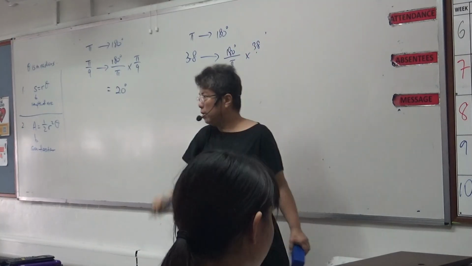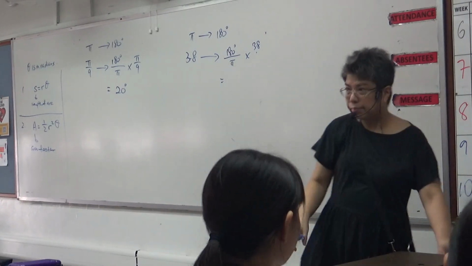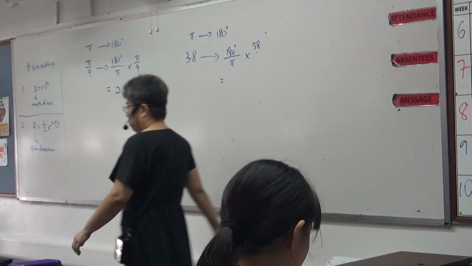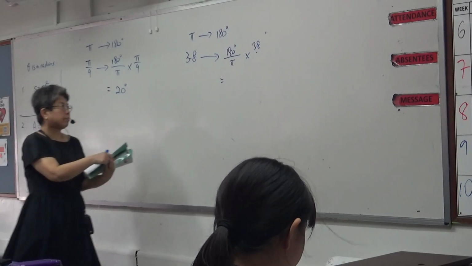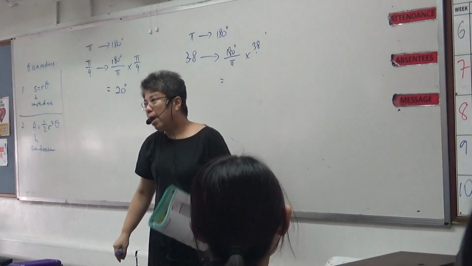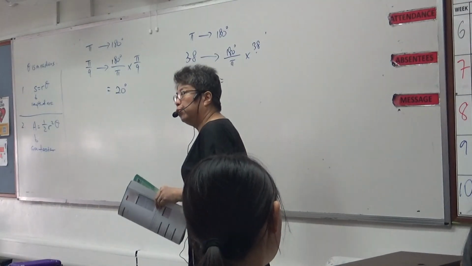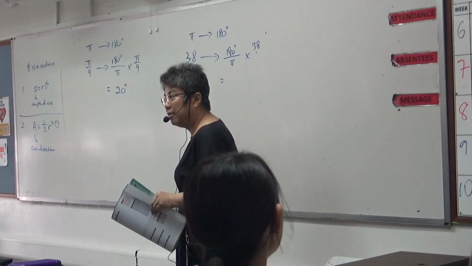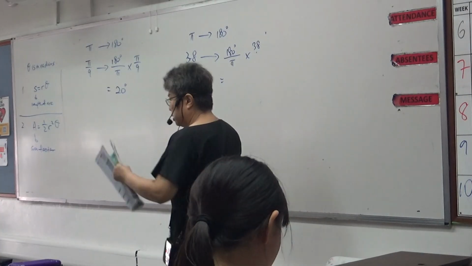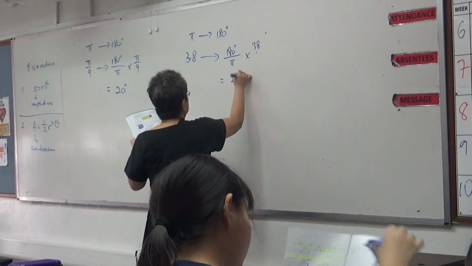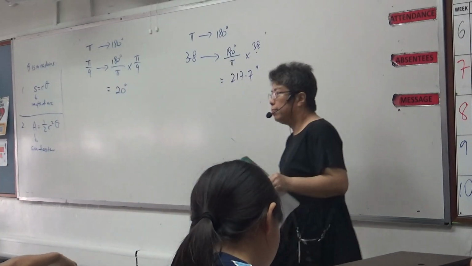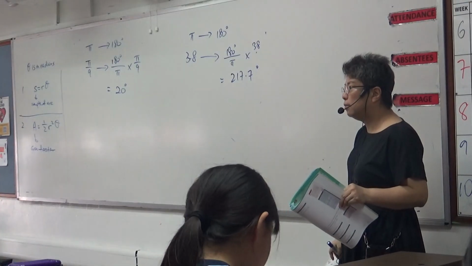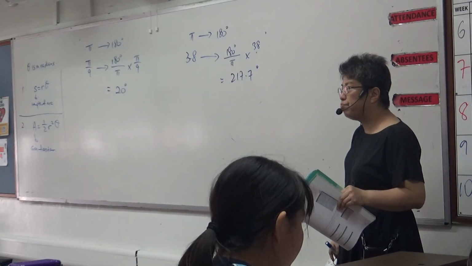All of you key in for me now. All angles in degrees must be given to 1 decimal place. So what's the 1 decimal place? 217.7 degrees, right? Is this correct? Yes or no?